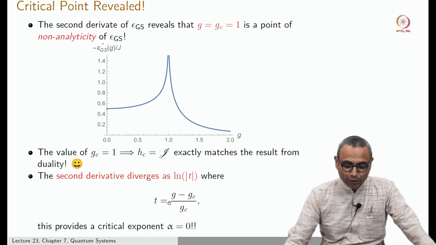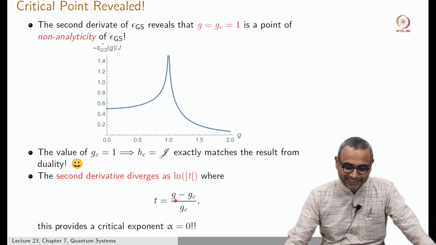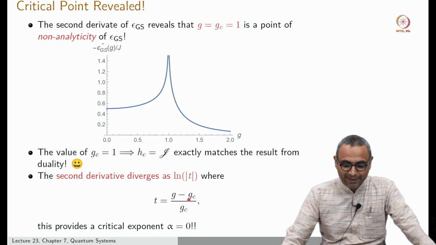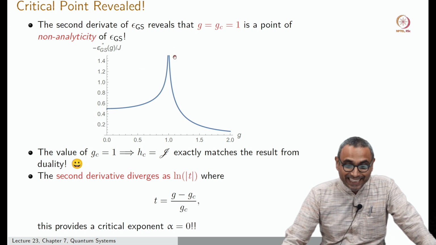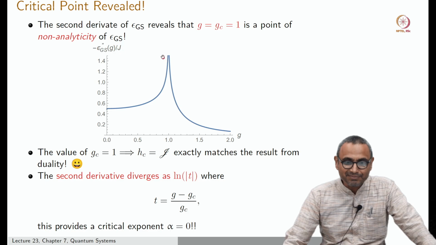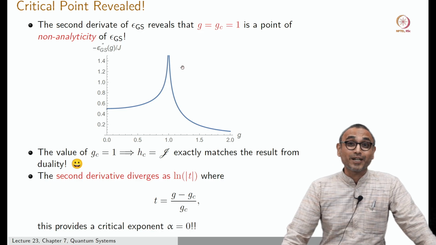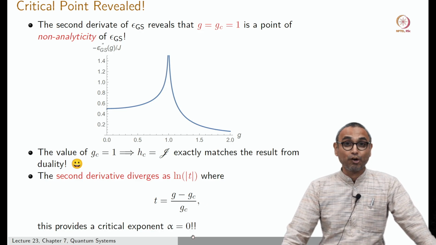So what I am going to do is define it as (G minus G_C) by G_C. In this context, it is just (G minus 1) by 1. So it is just G minus 1. You can show that this divergence of the second derivative of the ground state energy with respect to G is a logarithmic divergence. You can actually show that. And this corresponds to a critical exponent alpha of 0.